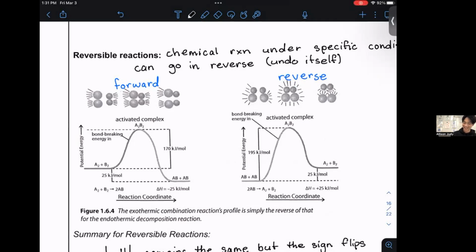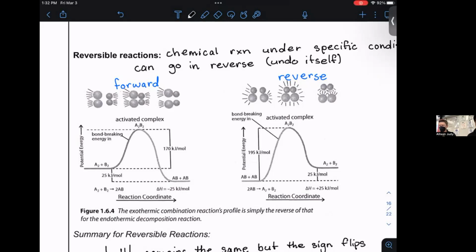But the big idea here is this diagram right here, which is a little bit weird. I don't understand what exactly is trying to be shown, but you can see on the left, the forward direction, we're starting with what looks to be two diatomic elements. They hit each other and are all connected. This is the activated complex in the middle.